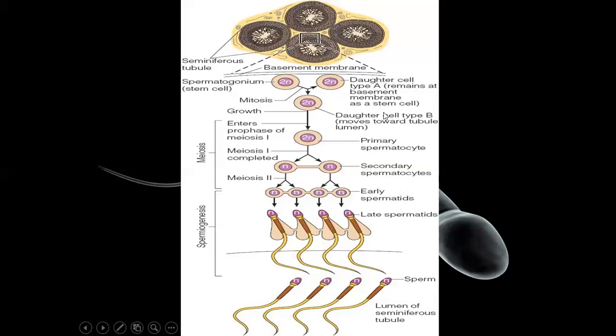Now the type B daughter cell is the progeny, the daughter cell that will mature into sperm.